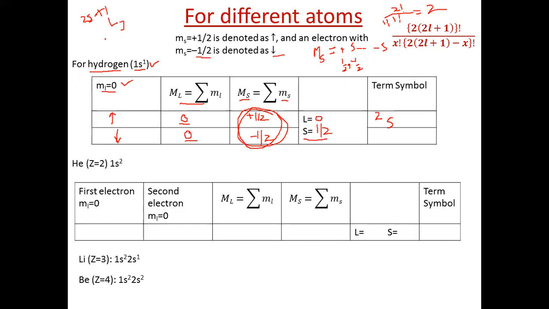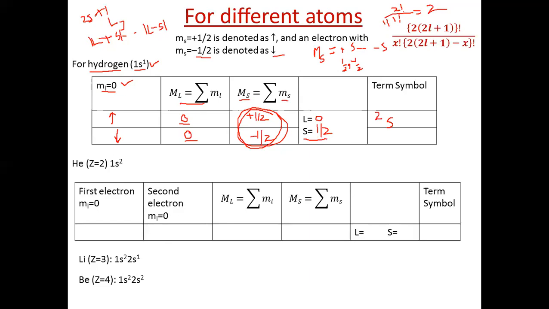J. J is L plus S to L minus S by difference of 1. We can calculate J by calculating the L plus S value. So what is L plus S?